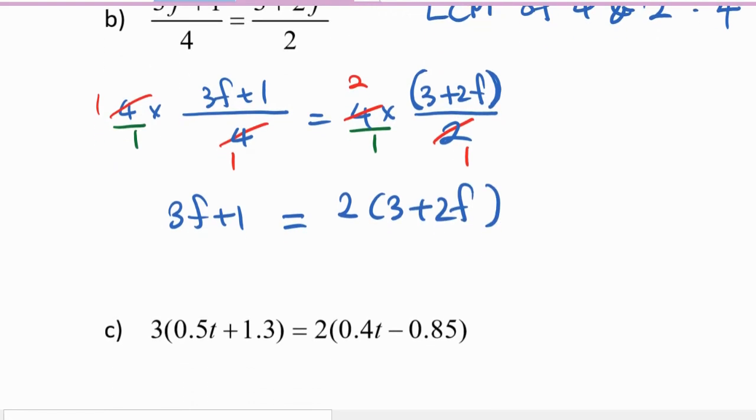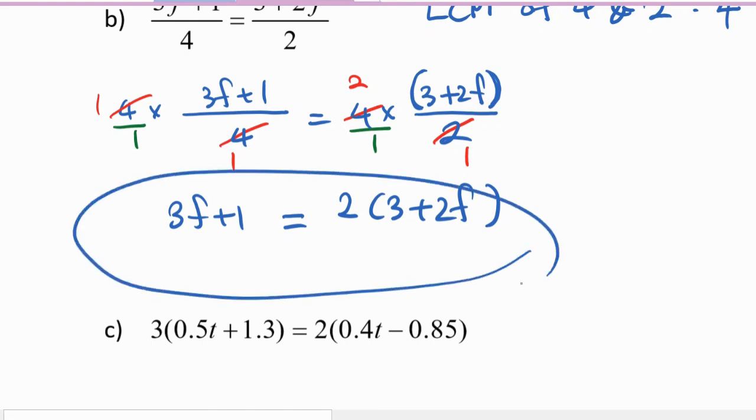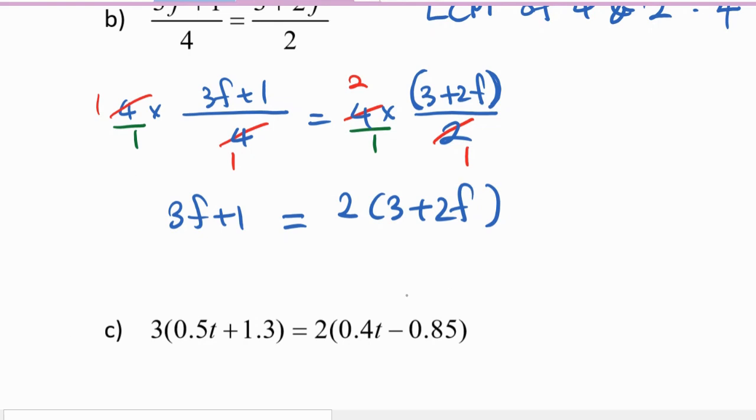So after multiplying the LCM, we have much simpler equations. And now we're going to do the distributive property. We're going to distribute it. Then it becomes 2 times 3 is 6. 2 times 2f is 4f.